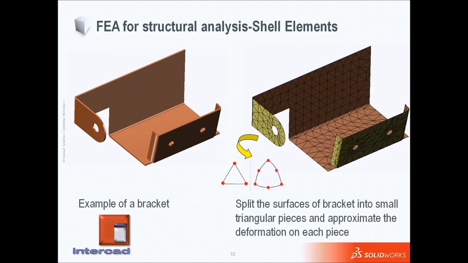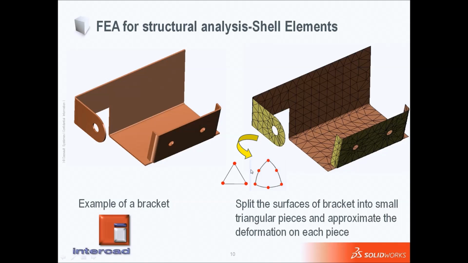The next scenario is for parts like sheet metal parts, whose thickness compared to the other dimensions like length or diameter is very, very small. As an example, this bracket could have its surfaces split into small triangular pieces and the deformation approximated on each piece.